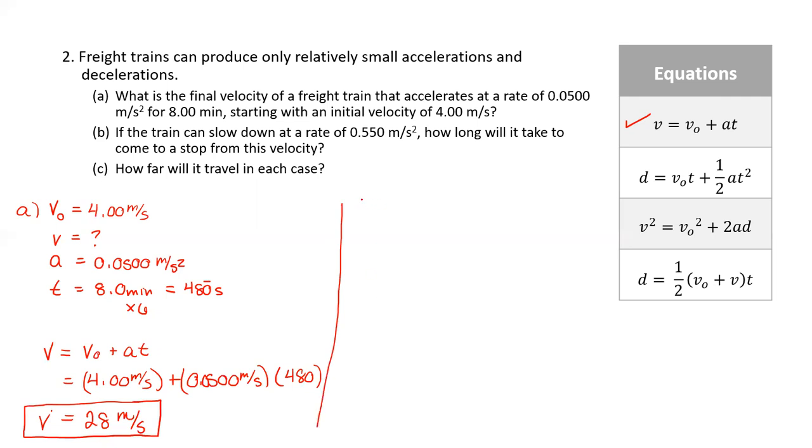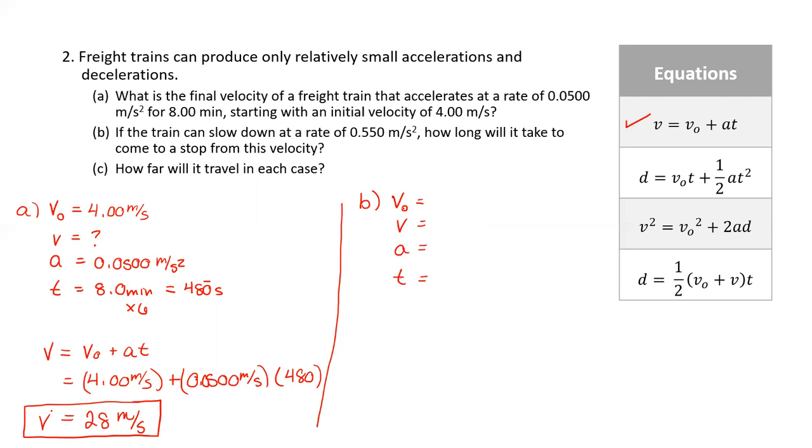So that's A. B says, if the train can slow down at 0.55 meters per second squared, how long will it take to come to a stop from this velocity? So now we've got a second question. We need to know the starting velocity, final velocity, and an acceleration, and it doesn't say anything about distance in B, but it does give us some time information.